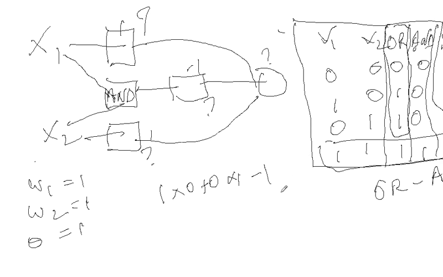That means 0 minus 1 is equal to minus 1. Minus 1 is less than the threshold value, right? Threshold value is 1, that means it is 0.